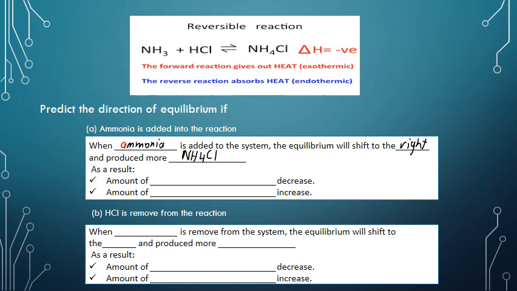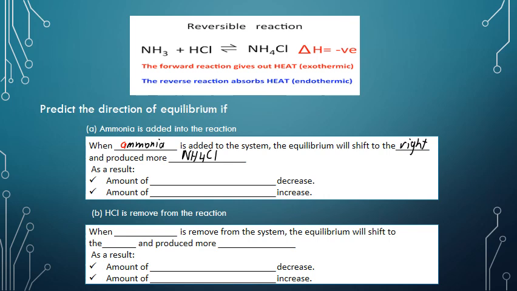Okay. So we know that according to Le Chatelier, if there is any disturbance in the system, it will try to reduce the disturbance by shifting either to the right or to the left. So sekarang ini apabila concentration of ammonia itu meningkat, kita kena reduce the concentration of ammonia. So macam mana kita nak reduce the concentration of ammonia? Kita akan hasilkan lebih banyak product.